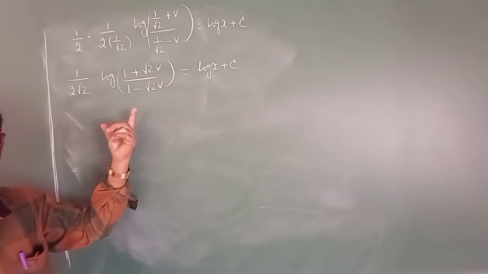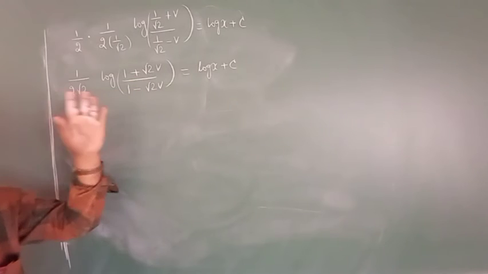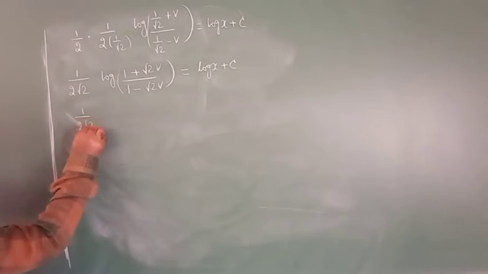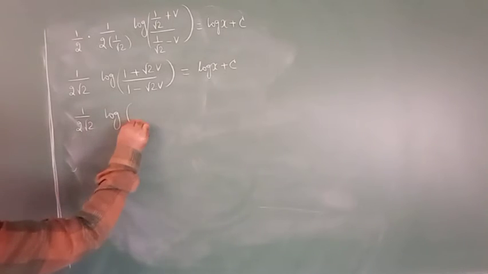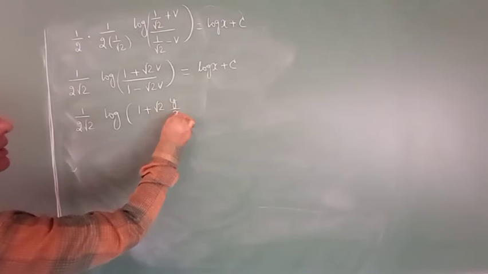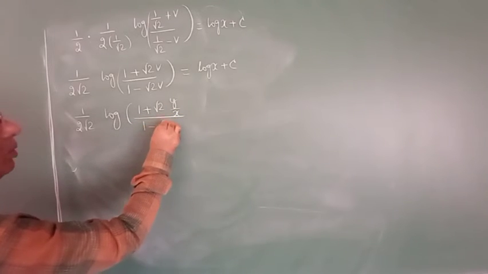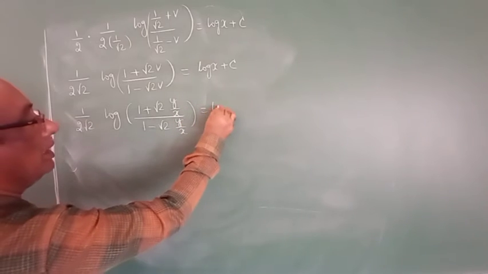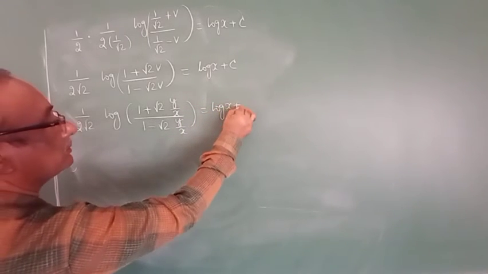The same answer is given at the back side, but in v's place write y by x. 1 by 2 root 2 log of 1 plus root 2 y by x by 1 minus root 2 y by x is equal to log x plus c.